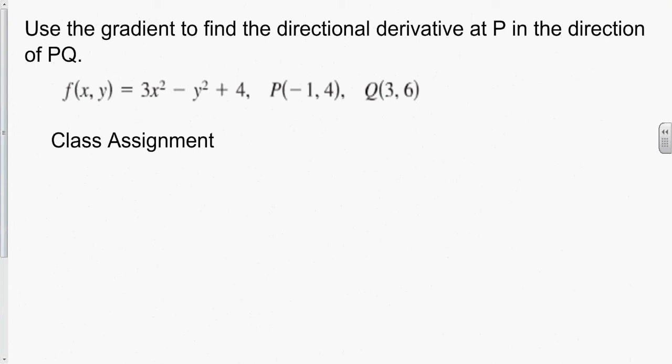Negative 20 over the square root of 5, or negative 4 times the square root of 5. What'd you get?